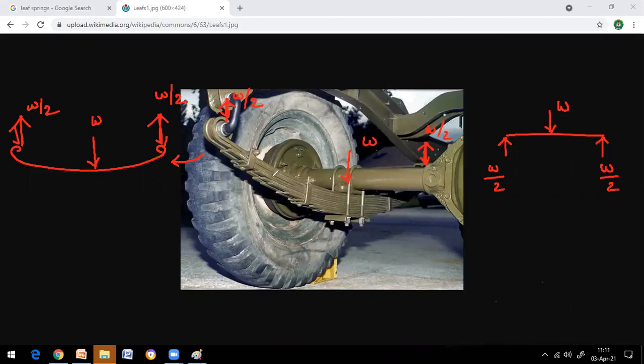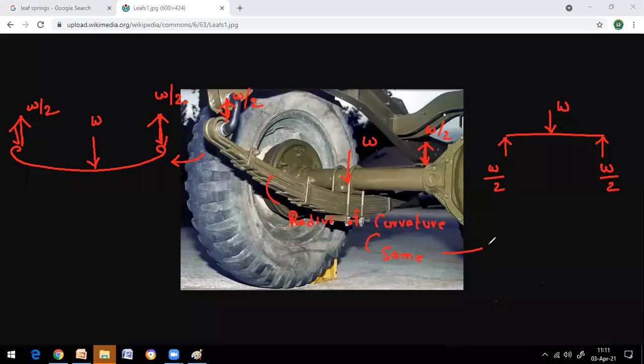So by that, the radius of curvature of each plate will be same. Right? And so when the radius of curvature is same, what happens?